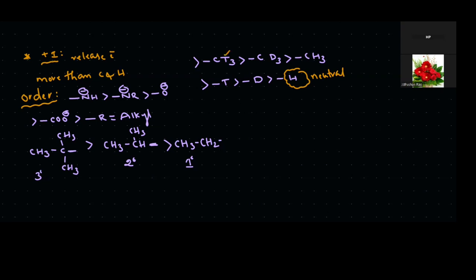D is also an isotope of the hydrogen atom. One is tritium, another one is deuterium. These two are the isotopes of hydrogen.